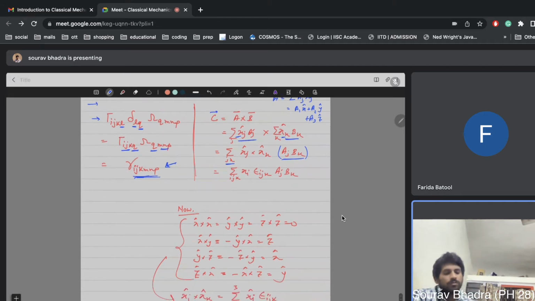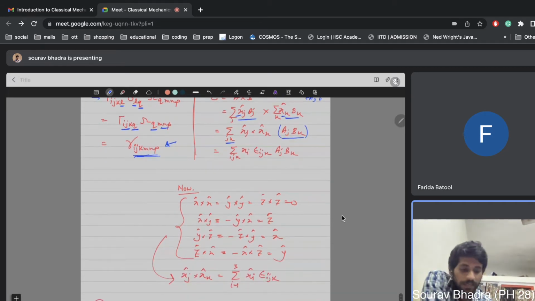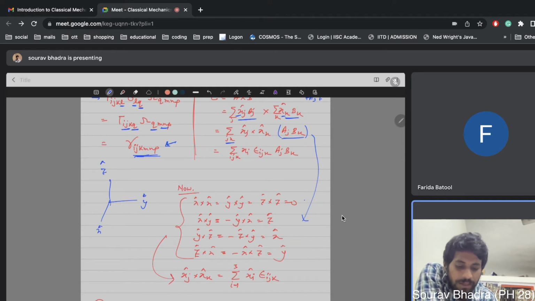Now one important thing, you should focus on this line. The property of our unit vectors x cap, y cap, z cap for a Cartesian coordinate is that x cap cross x cap, y cap cross y cap and z cap cross z cap are 0. This you all know.